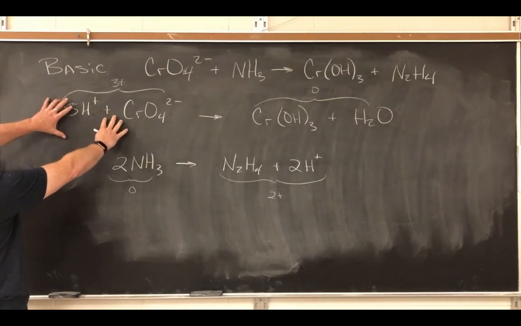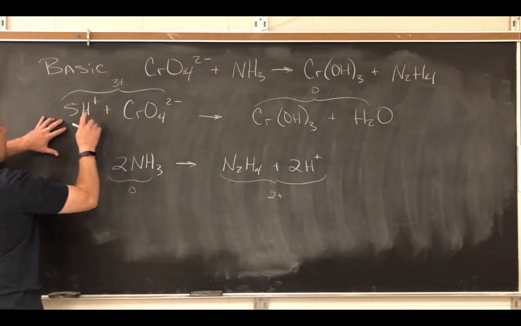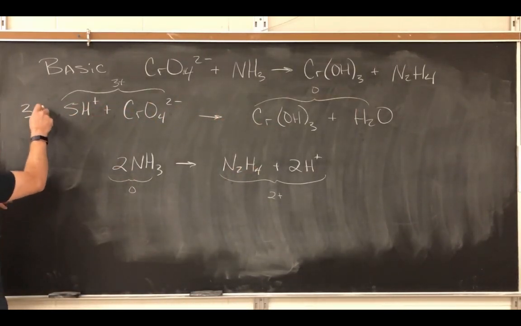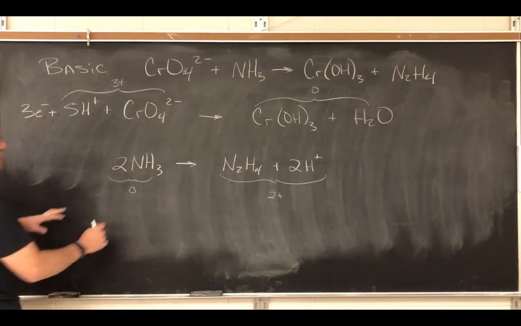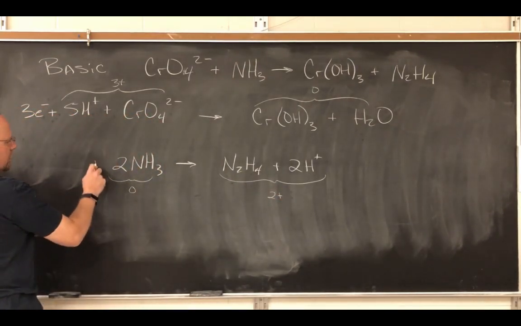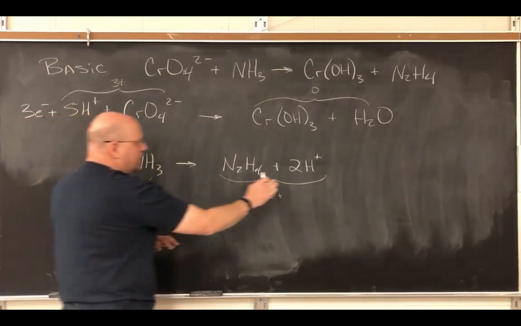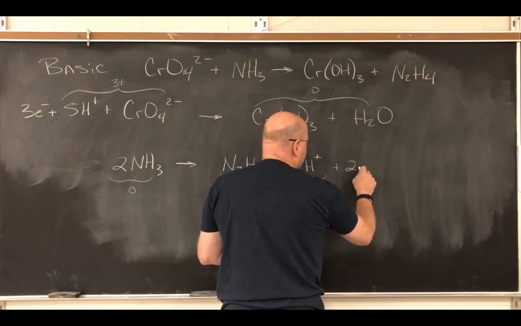Up here, because this is a 3+ and this is a 0, we need to get this down to 0, so we're going to add 3 electrons. Here, this is 0, this is 2+. We need to get that side down to 0, so we're going to add 2 electrons.